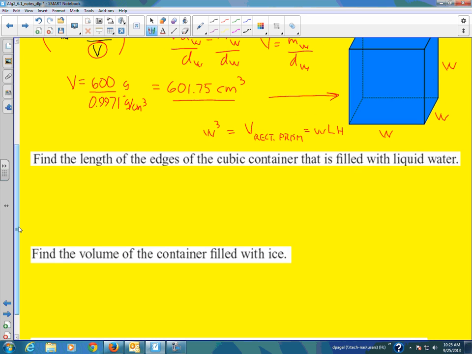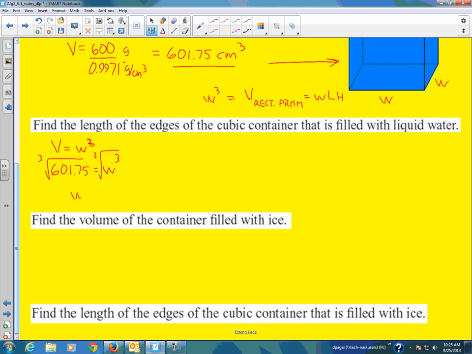So finding the length of the edges of this container: volume is W cubed, and we're trying to find W, which means we just need the volume number. That's what we found in the problem above: 601.75 is equal to W cubed. Now we apply our properties. How do we undo that cube? We take a cube root.